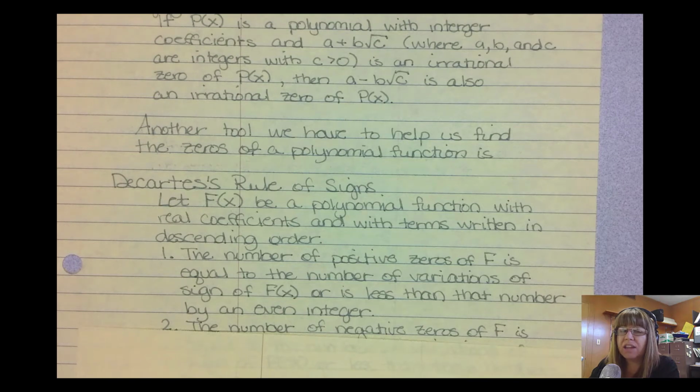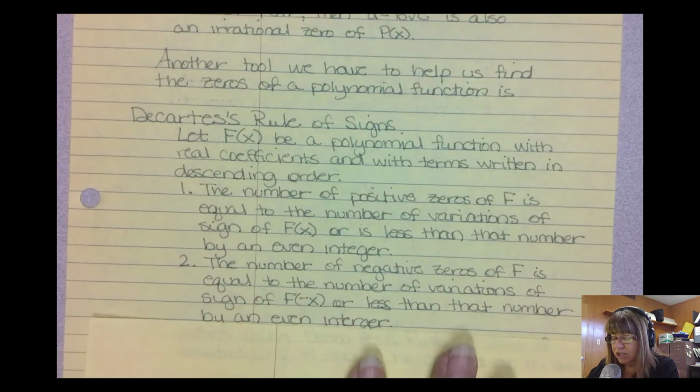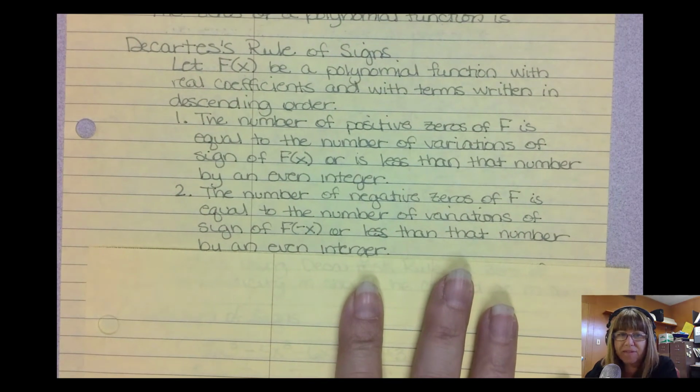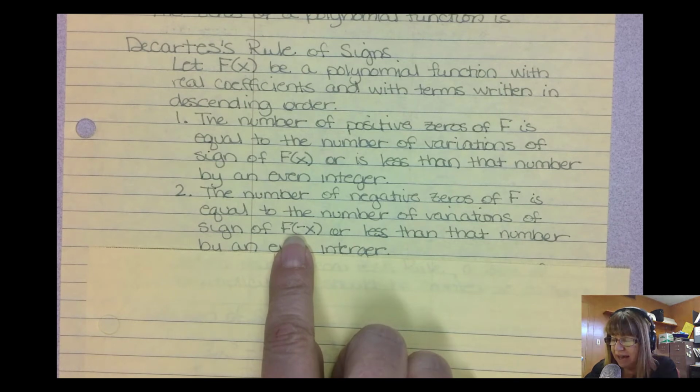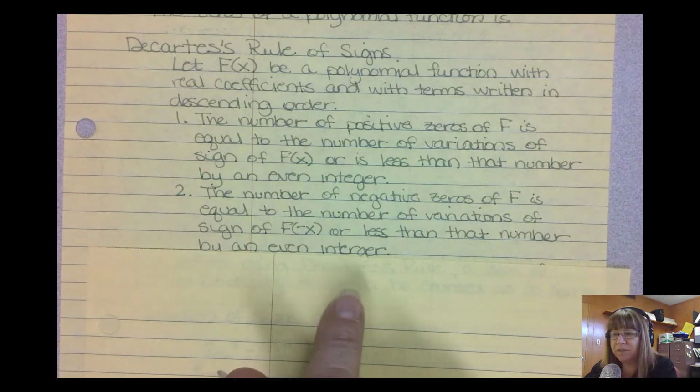So we have either 5 or 3 or 1 positive zero. Now the number of negative zeros is equal to the number of variations when we have f of negative x. And again, it's either that or less than that number by an even number.